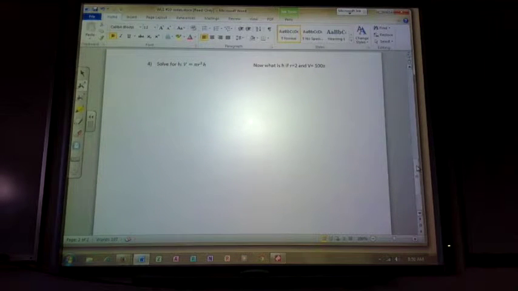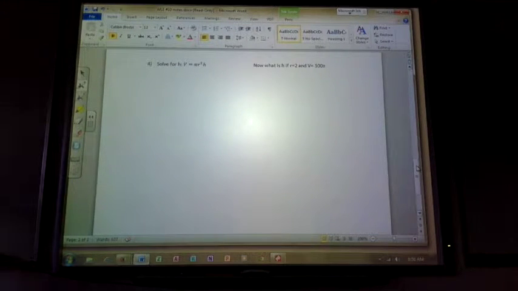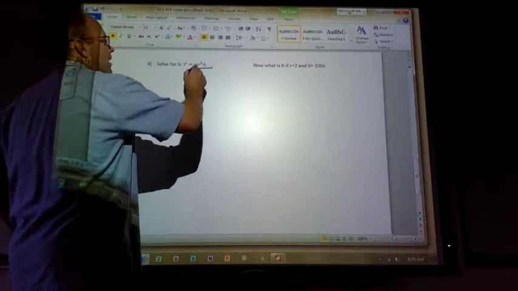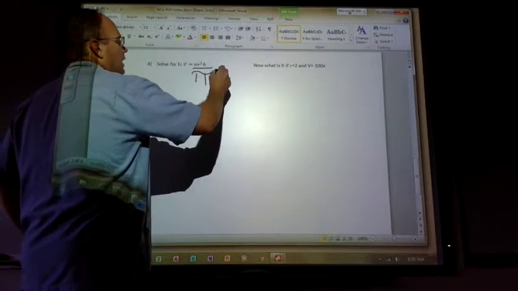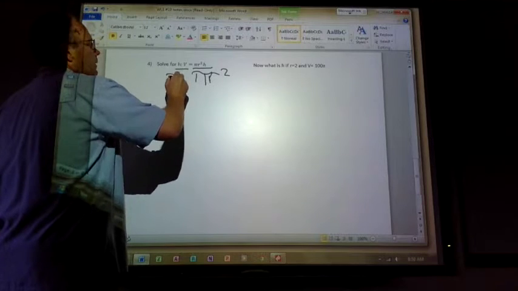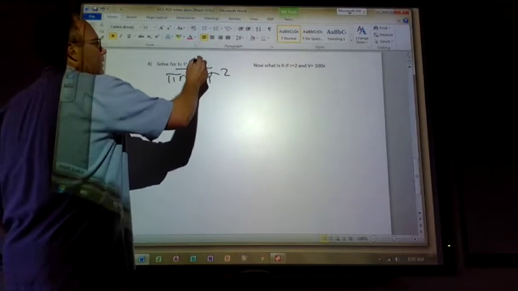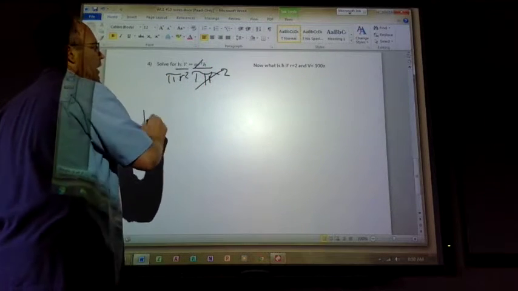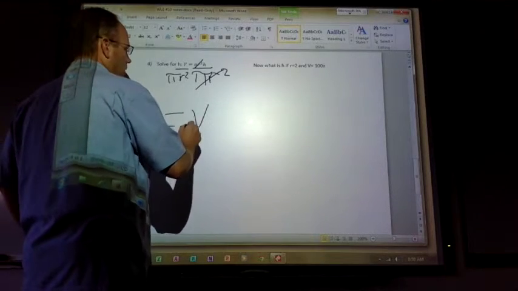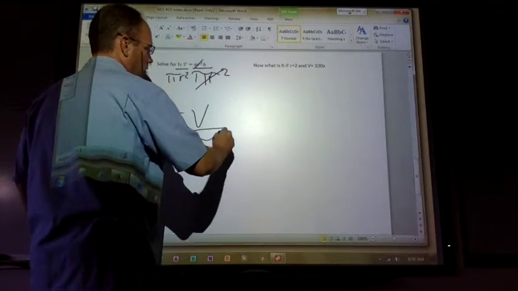Divide both sides by pi r squared. Those cancel, so I get h equals V over pi r squared.